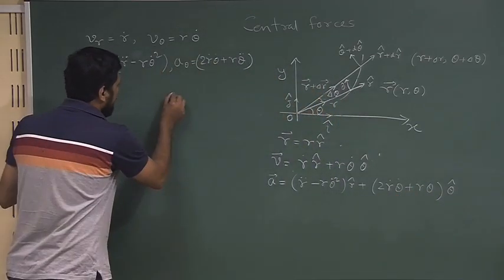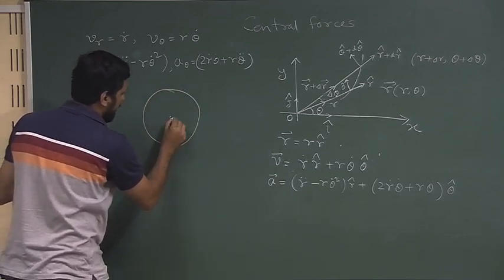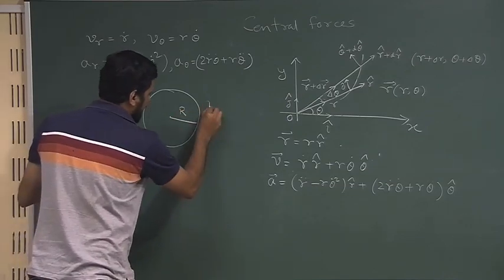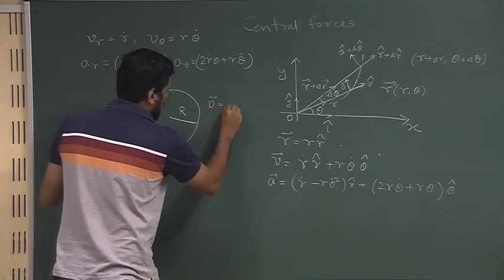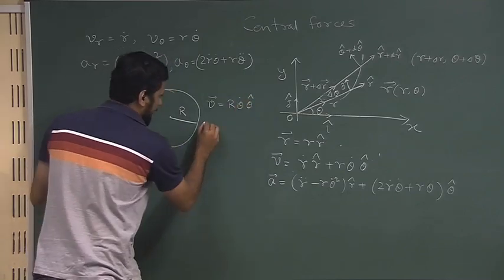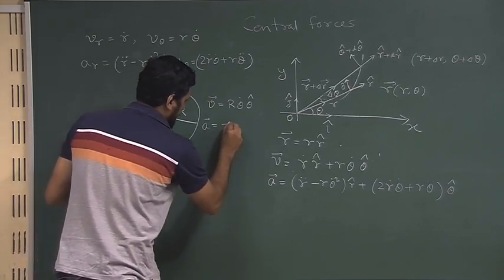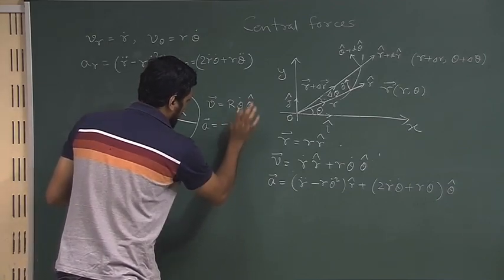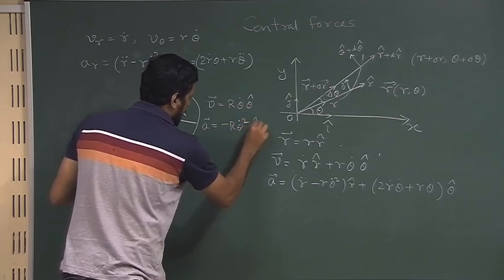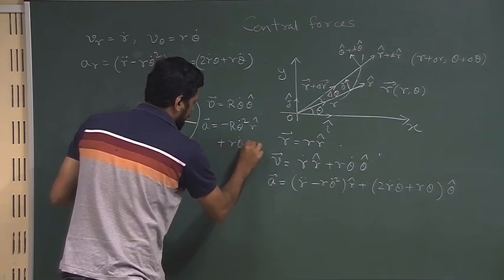So, for motion on a circular orbit, if a particle is moving on a circle with a fixed radius R, the velocity will be v equal to R theta dot theta cap, and acceleration will be equal to minus R theta dot square r cap plus R theta double dot theta cap.